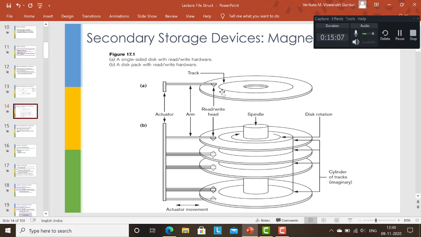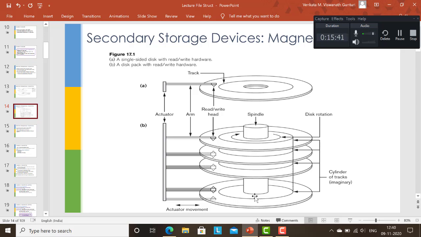First thing to note is that if you see a particular track, you see this one on disk 1 and this one on disk 2. So they are sort of the same track, which are stacked on top of each other, right? If you view this logically, all these tracks sort of form a cylinder.